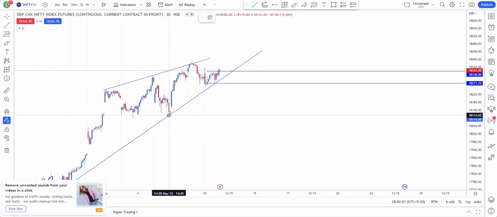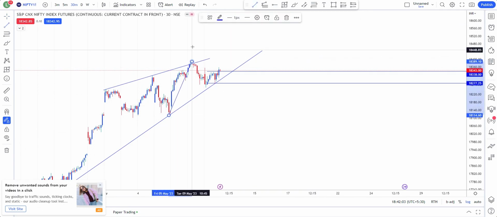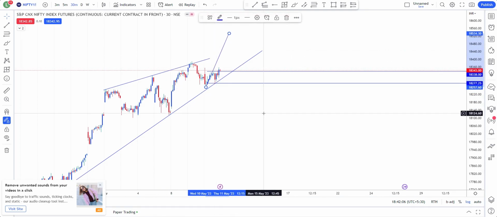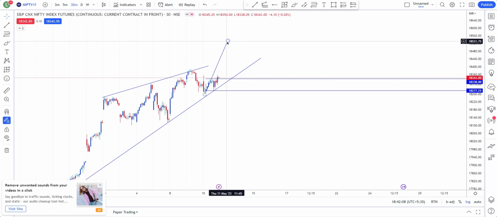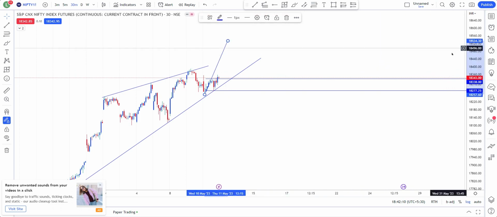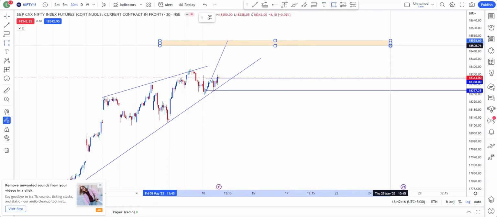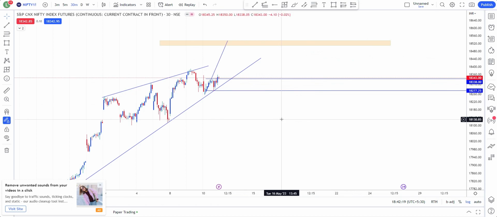If you go one to one only with this swing, then it will possibly go somewhere around 18,535. So roughly 18,500 should be your area where you could see a momentum to the upside. So this would be a good risk to reward trade for longs.